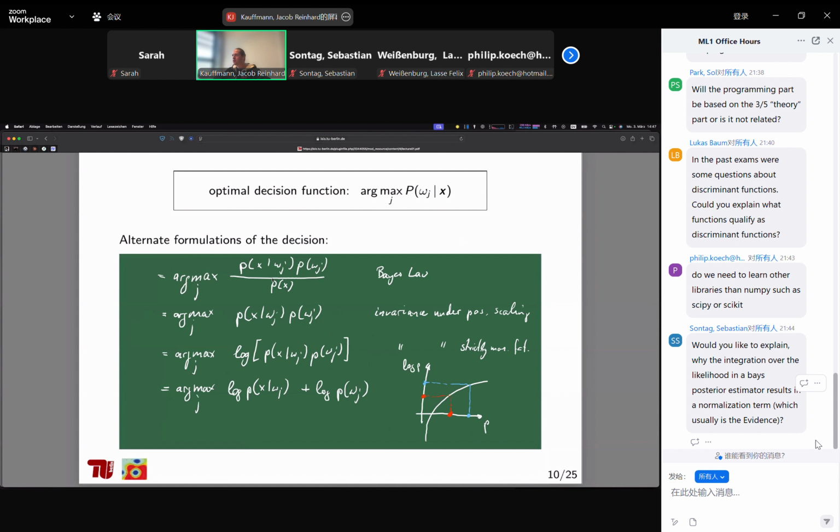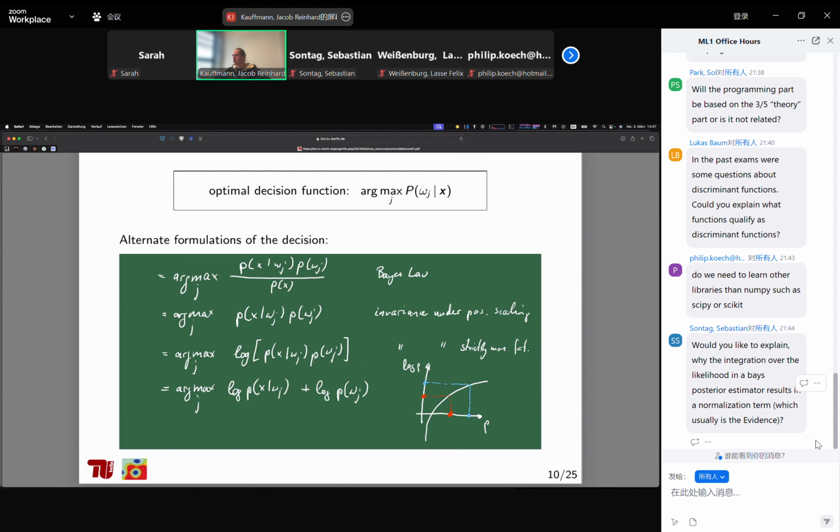Typically, things that don't depend on j can be multiplied out or divided out, like here this P of x. If you do it for each of these terms, for every j, the argmax doesn't change.